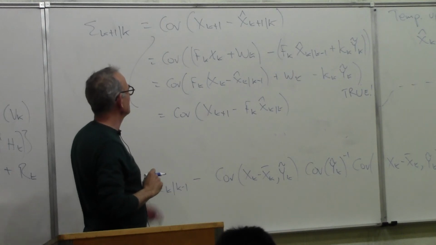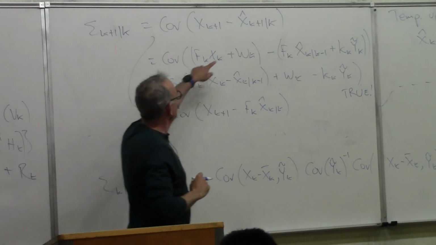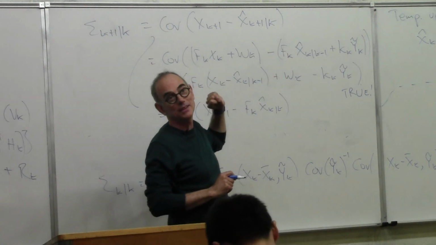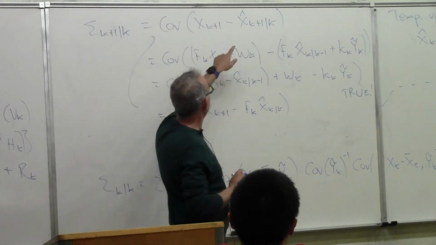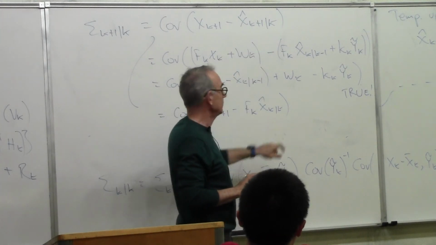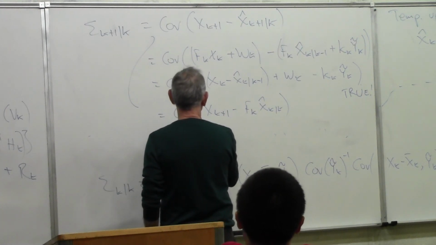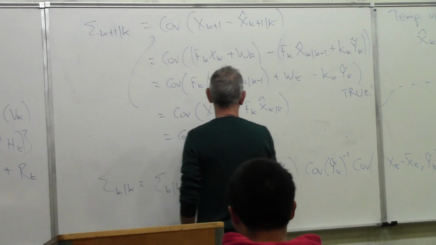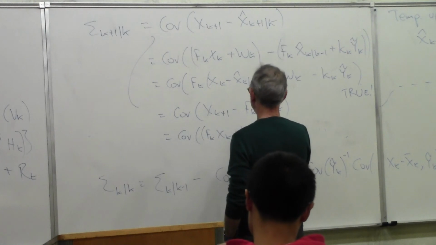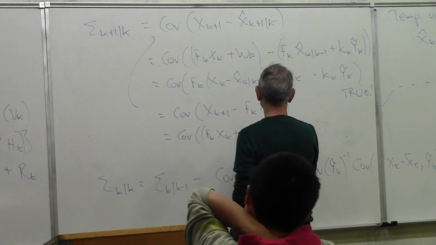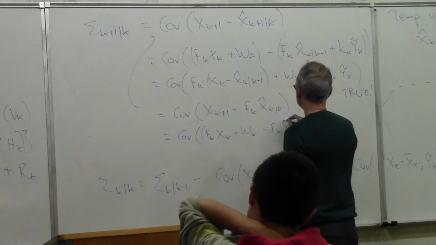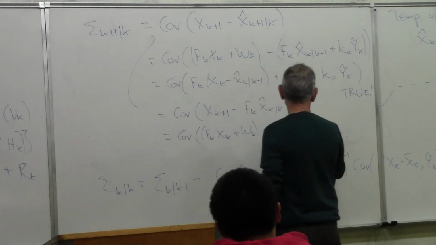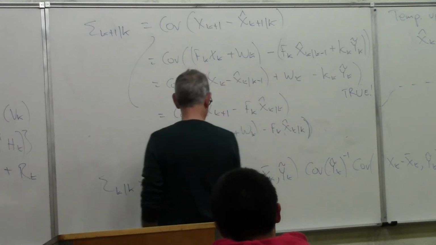But let's make things easy on ourselves. This is true, but let's remember how simple this is in terms of the past. I'm expanding things out when I would end up contracting them again. We just said that this is just F_k times the error x̂_{k|k}. So this is equal to the covariance, then, like I said before, do the same thing. I want to keep this here.